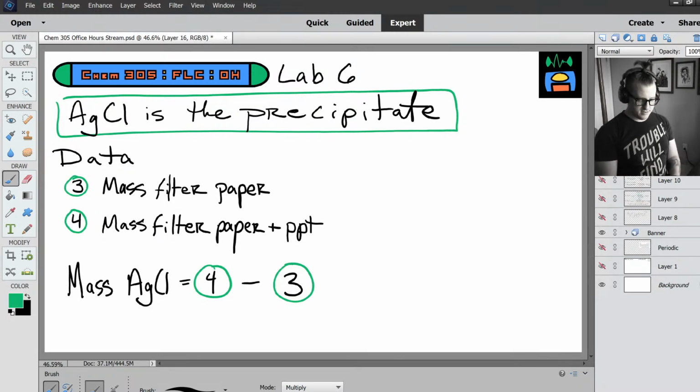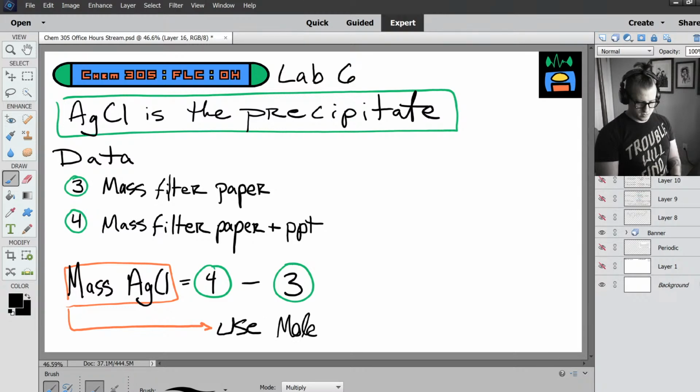And then once you know the mass of silver chloride, you use the molecular weight to find moles.